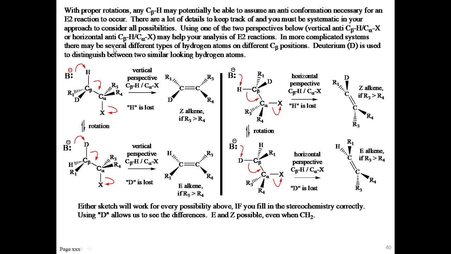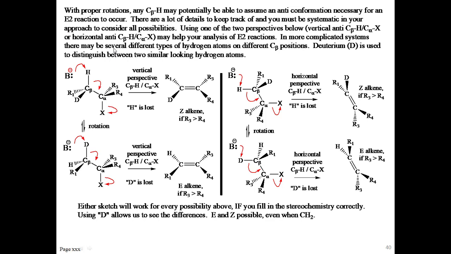Now, what I have shown here is just a single C beta H, C alpha X, and everything else has been made general. Okay? Now, I've marked them here so that you can see there's some differences in the products that result over here when we have this particular conformation.